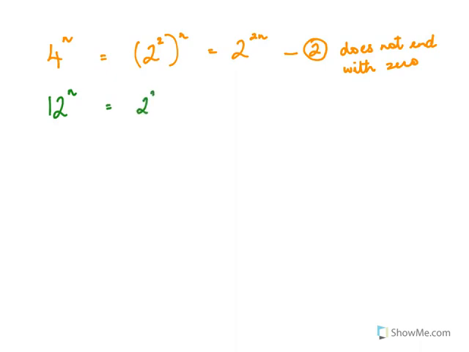Now 12 is 2 raised to 2, that is 4, into 3, raised to n. This also does not have 5, so it does not end with 0.